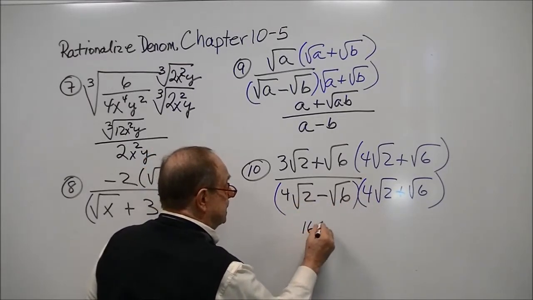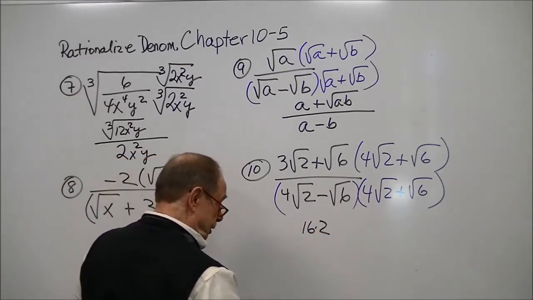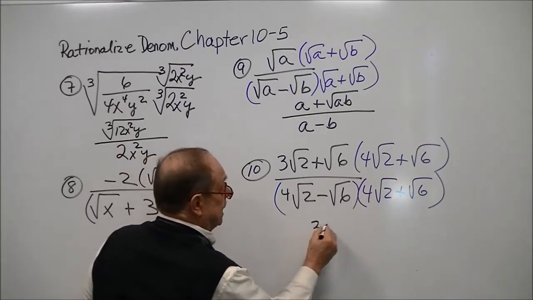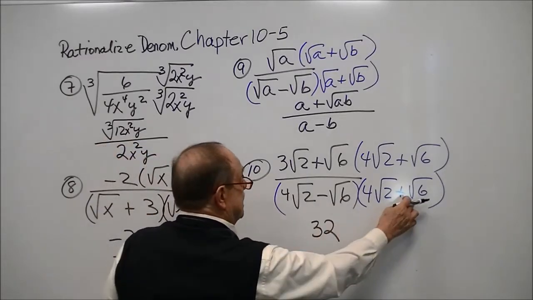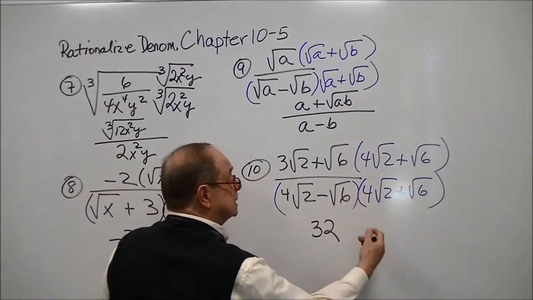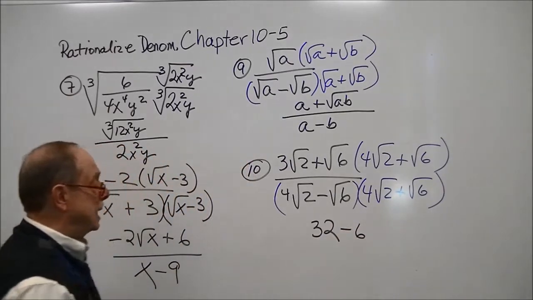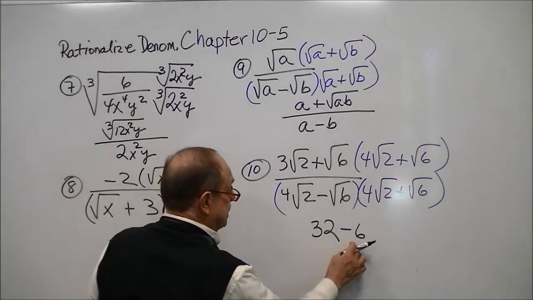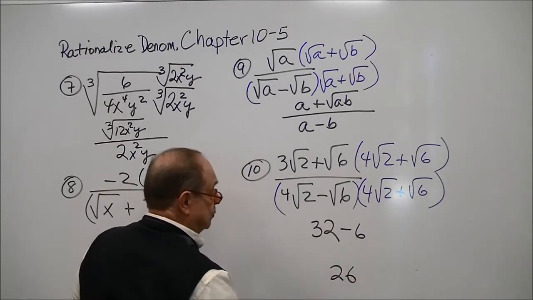It's 16 times 2. This will be 32. I stand corrected. And this is going to be minus the square root of 36, which is 6. So this bottom will become 26. This is going to become 26.